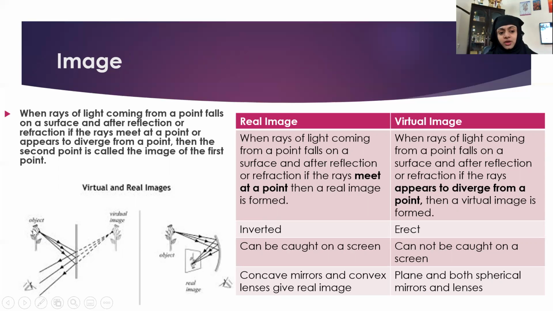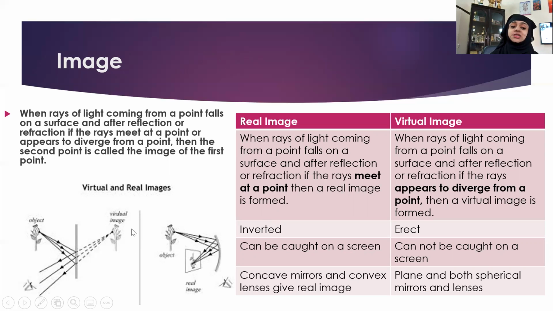Now, if the rays do not meet, this is the situation when light is incident on a plane mirror. After reflection, they diverge or separate. But if we look from here, they appear to come from a point.